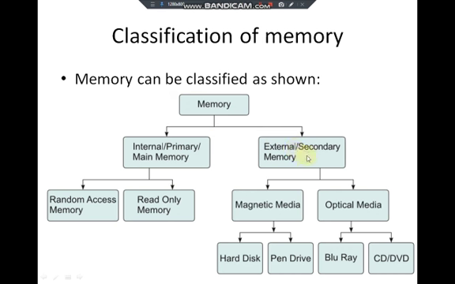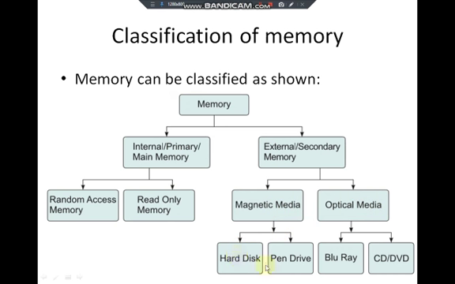The second is external storage or secondary memory, which we can divide into two parts, that is magnetic media and optical media. In magnetic media we have hard disk and pen drive. In optical we have Blu-ray, CD, DVD, etc.